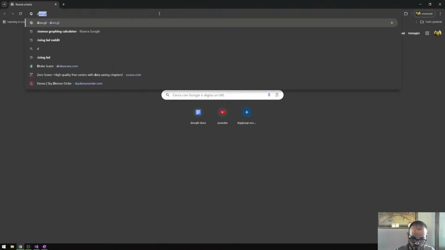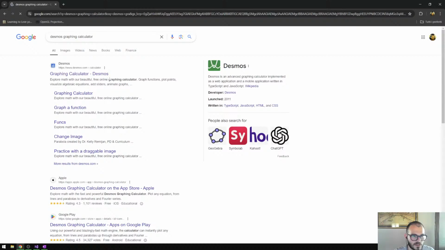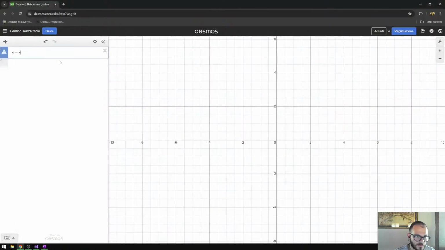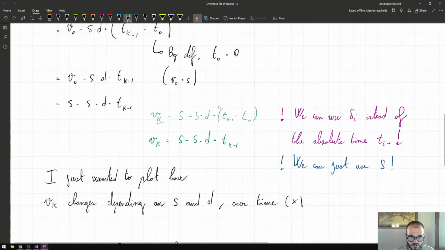Using the graphing calculator, a function like this is basically s minus s d. Let's call this difference x, which is basically the time from the wheel event.